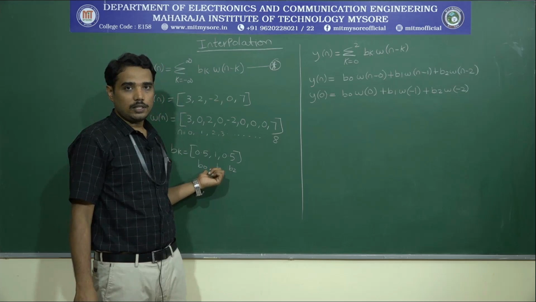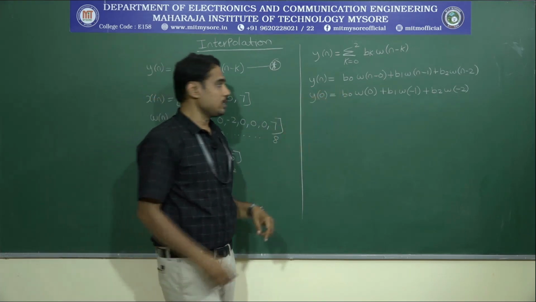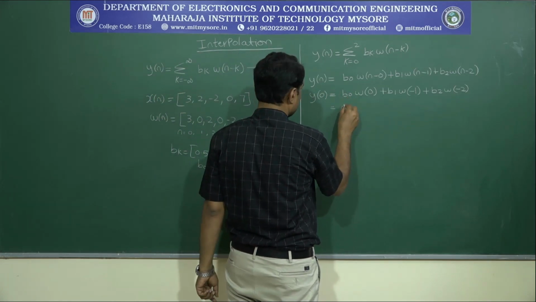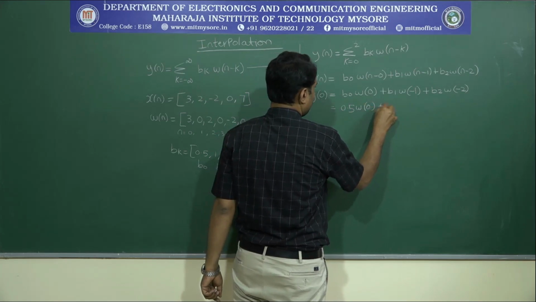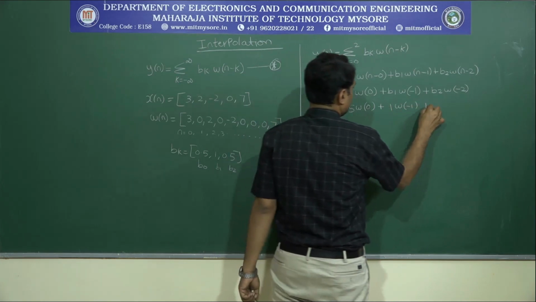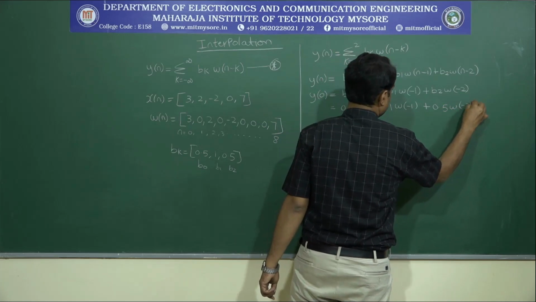Now we have to substitute the respective values of b0, b1 and b2 in this equation. If I do so, I can write b0 is 0.5, w of 0 plus b1 is 1, w of minus 1 plus b2 is once again 0.5, w of minus 2.